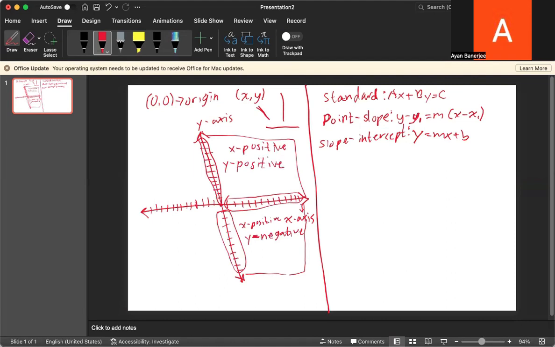But if we move over to the side, in this place, the x values are negative, and the y values are positive.